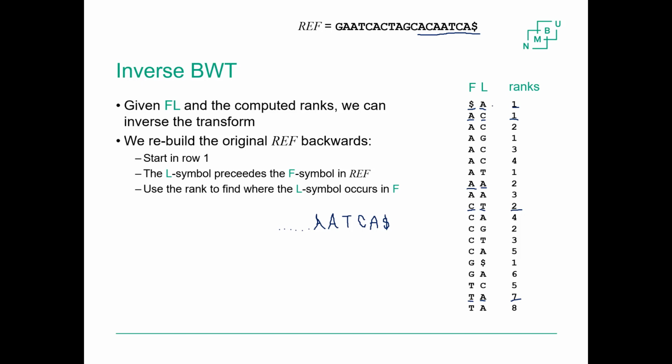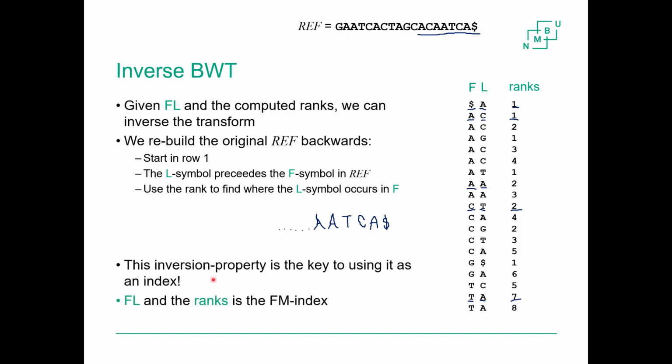So it means that this L sequence here has a very close relation to this one, and we can go back and forth between them. There is an algorithm for turning one into the other. So this inversion property is the key to using it as an index, really.